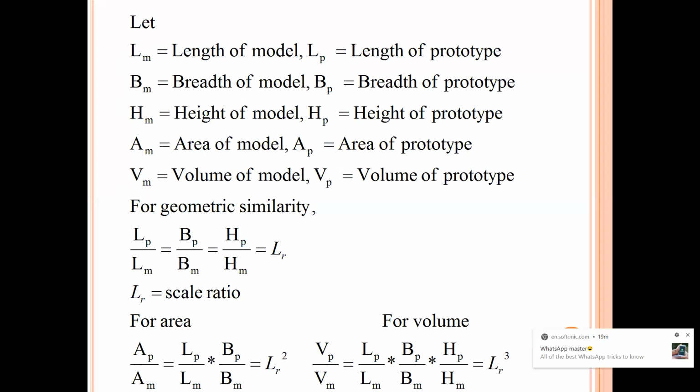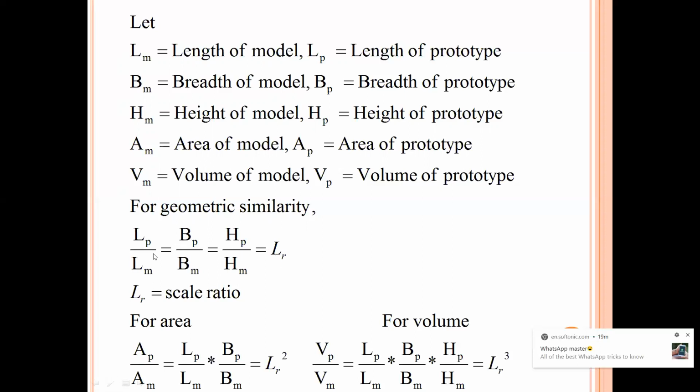Now, if I'm saying it is geometrically similar, the ratio of length of prototype by length of model should be equal to breadth of prototype by breadth of model, should be equal to height of prototype by height of model, and all should be a ratio. We call that LR, your scale ratio.